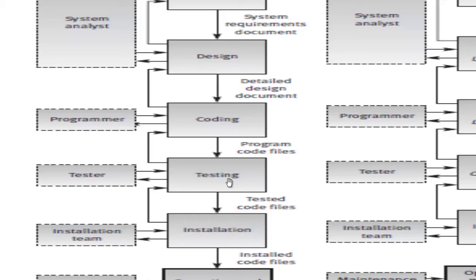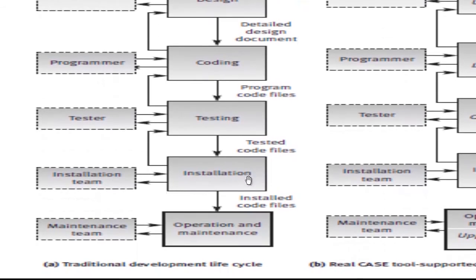Testing can be done by the programmer, or members from other teams, or by an independent test group. Then the product is deployed. Once it is installed on the client side, the product enters into the operation and maintenance phase.